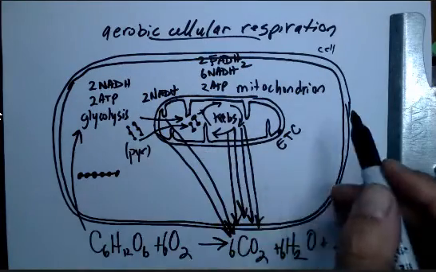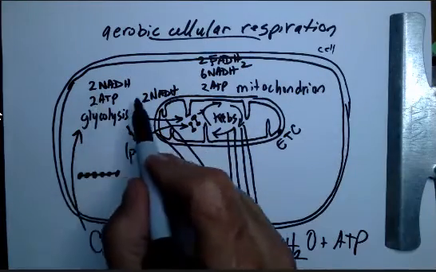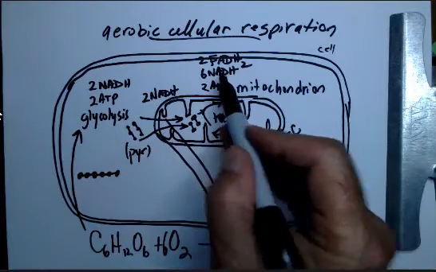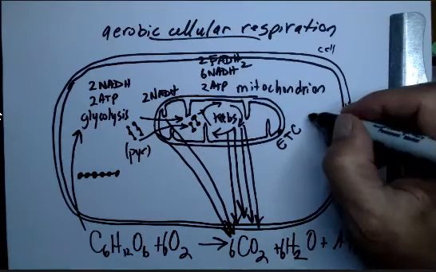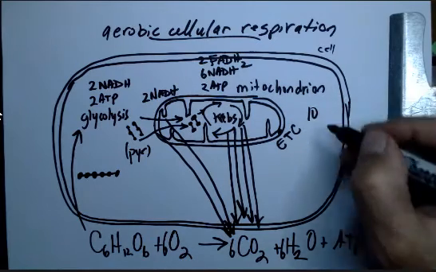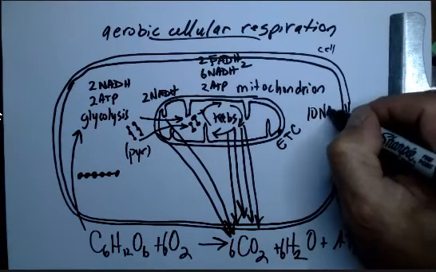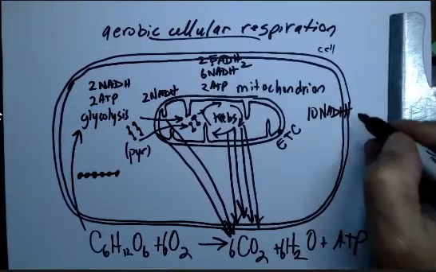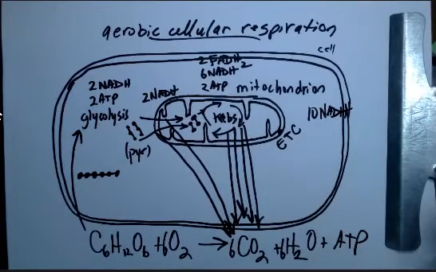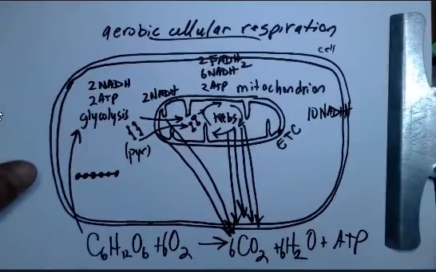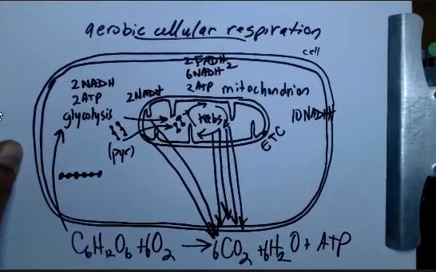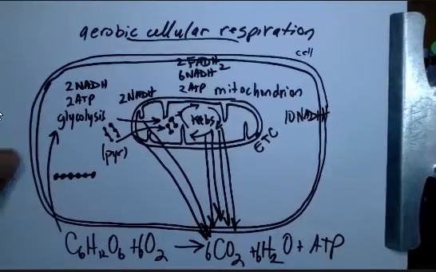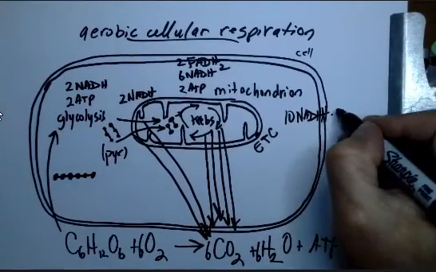Now, let's add all of this up. We have 2 NADHs, 2 NADHs, and 6. So that's a total of 2 and 2 and 6 makes how many? That's 10. There is an idea that each one of these NADHs cashes in for 3 ATPs.